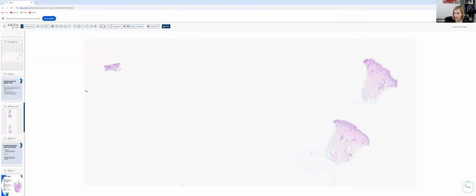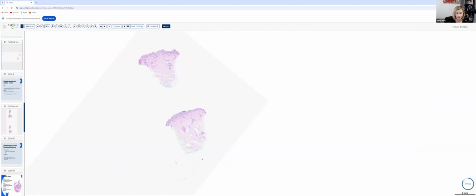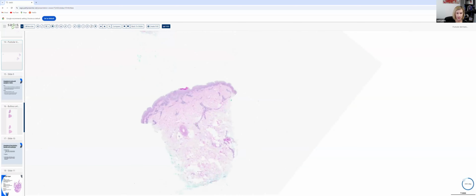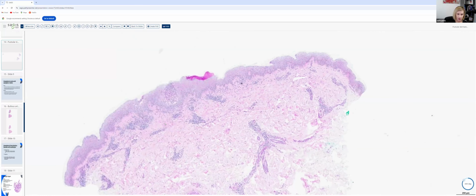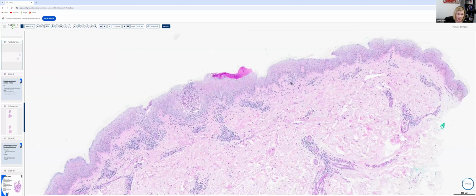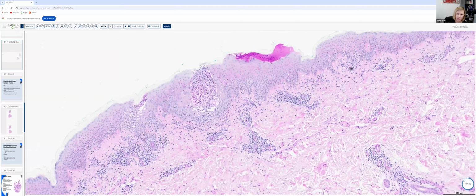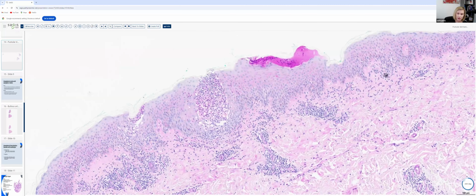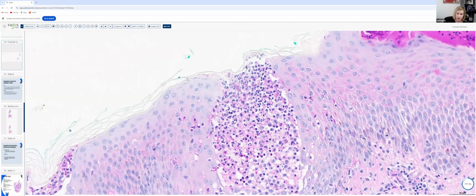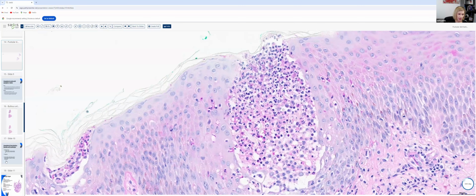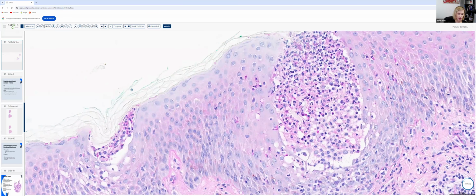And when we do, this is our PAS stain, we would see, as we zoom in on very high power to evaluate this stain, we start to appreciate some yeast forms and small hyphal elements within the stratum corneum.